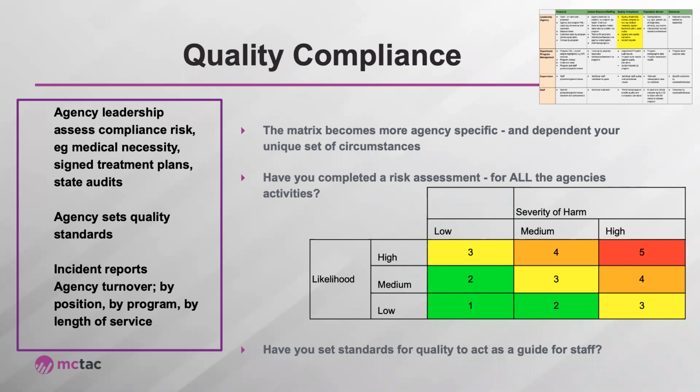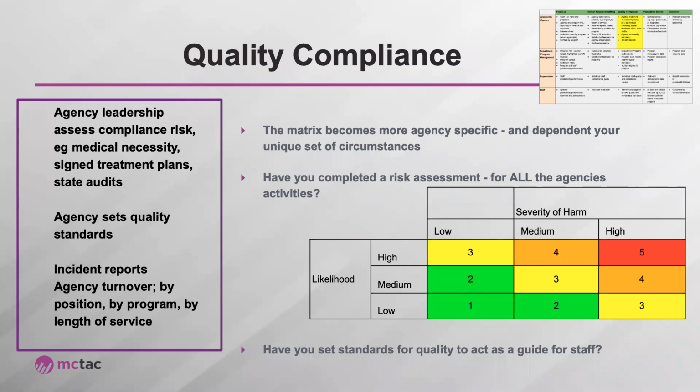So you end up with something that looks in this matrix to be a medium risk, whereas it's likely that you are going to face some recoupment for some Medicaid program at some point, and depending on the amount of money involved, the severity to the agency could be very high.